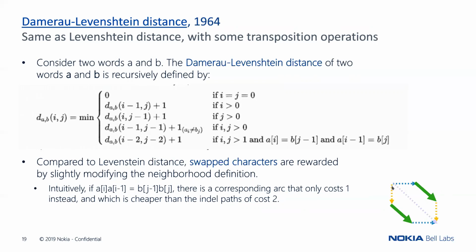Instead of doing an orange arc followed by a green arc followed by a blue arc, you can directly use a pink arc if you can swap those two characters. And so obviously the cost of this pink arc will be cheaper than these alternative paths. That's why you will encourage your program to take this kind of path.